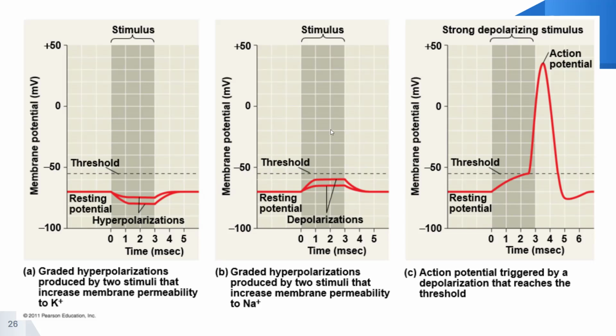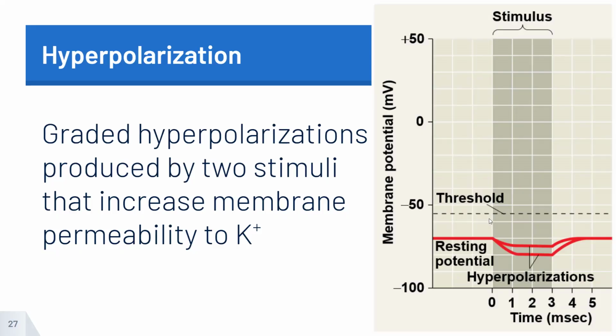But if it does bring enough positive ions into the cell to make it positive enough, it reaches a certain threshold, then an action potential will be triggered, and then that is going to initiate a wave down the axon, so kind of like a stadium wave down the axon that is going to send a signal onward. So that would then initiate an action potential.